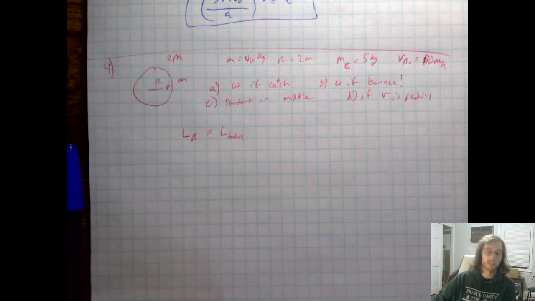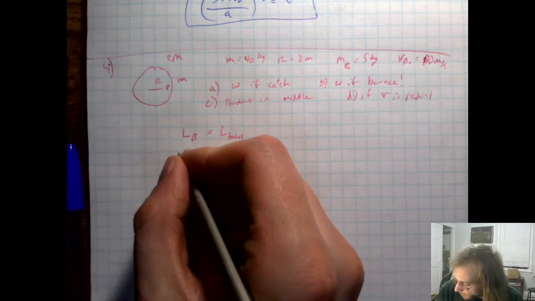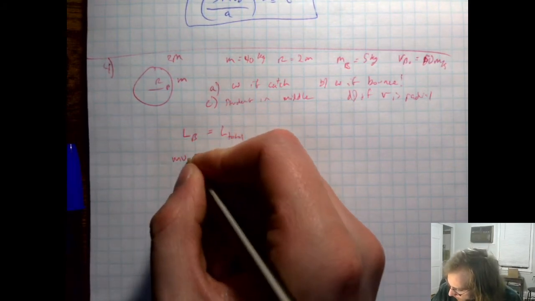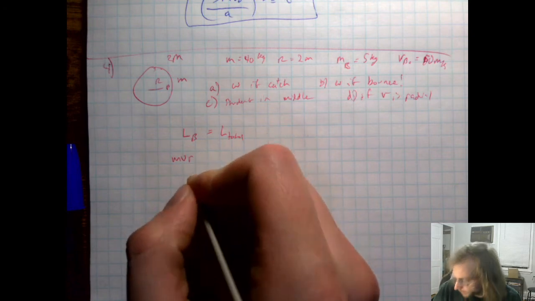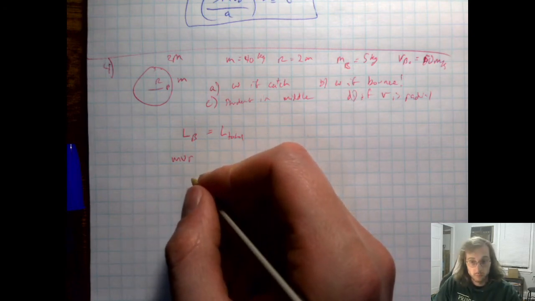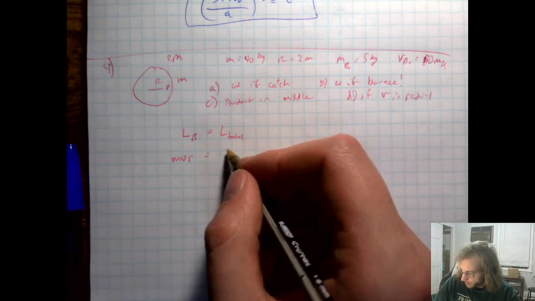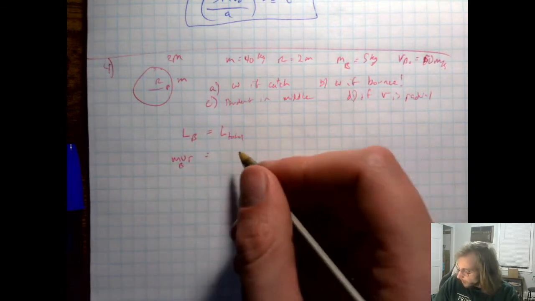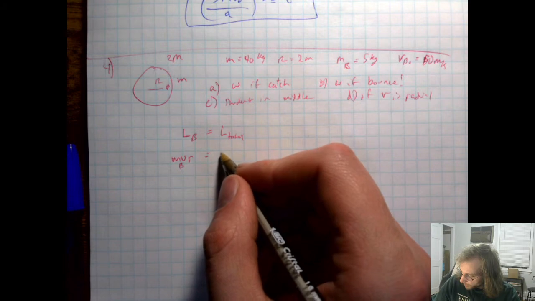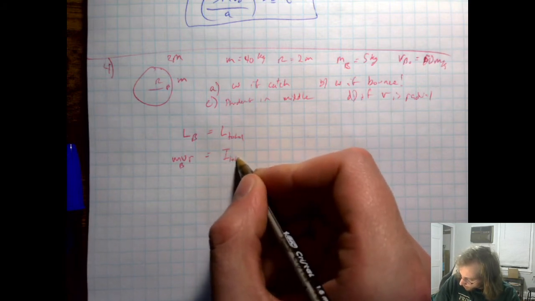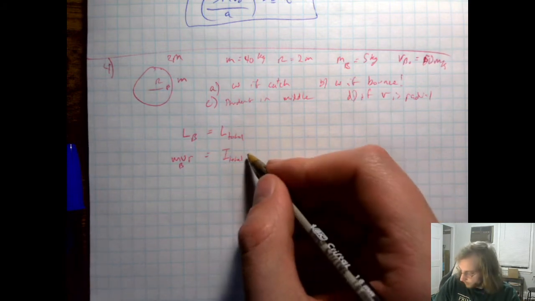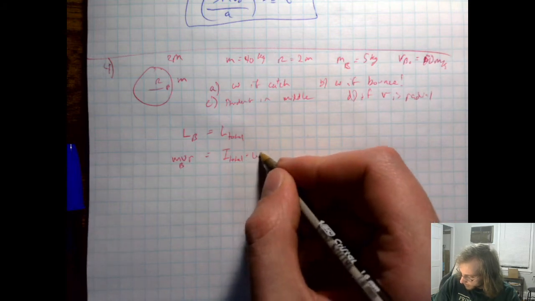So momentum at the beginning equals momentum at the end. Great. Well, momentum at the beginning will be m v times r. We've got our angular momentum for the ball, good. That will need to be equal to our total moment of inertia at the end times our omega.